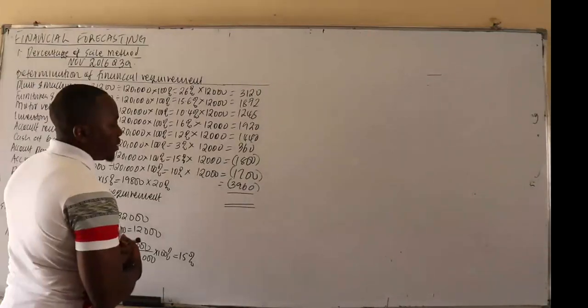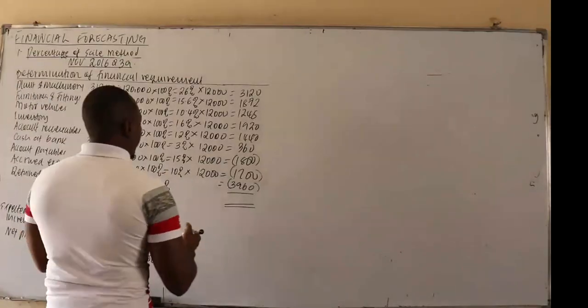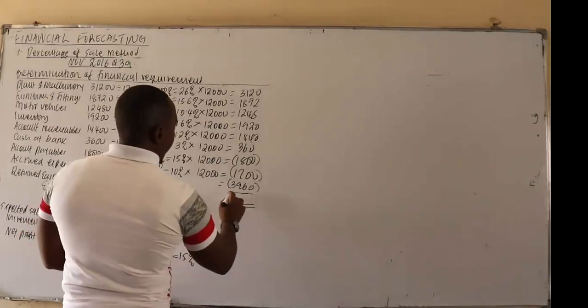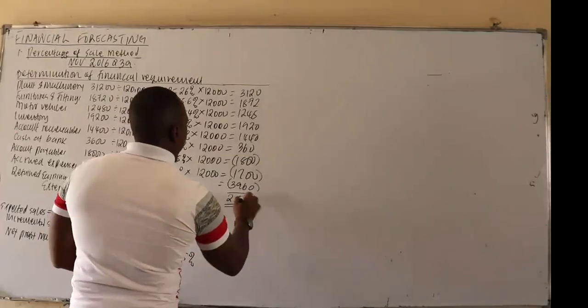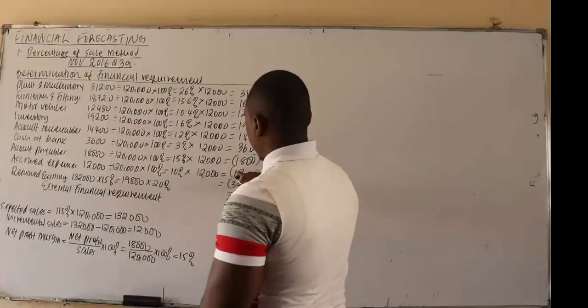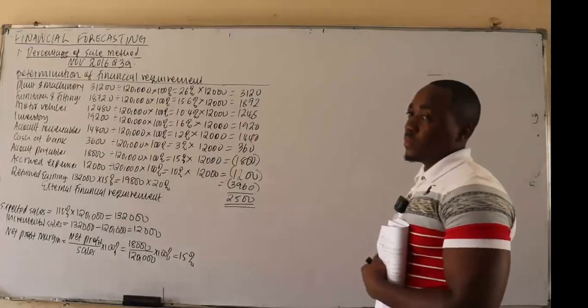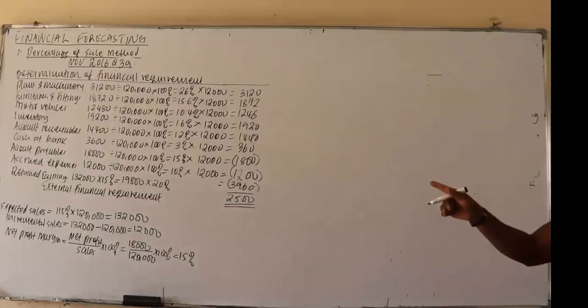You get an amount of 2,500. This was not 70, this was 12. So it's 2,500, right?